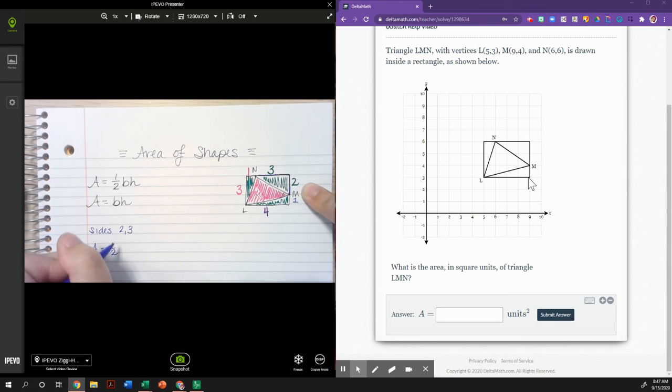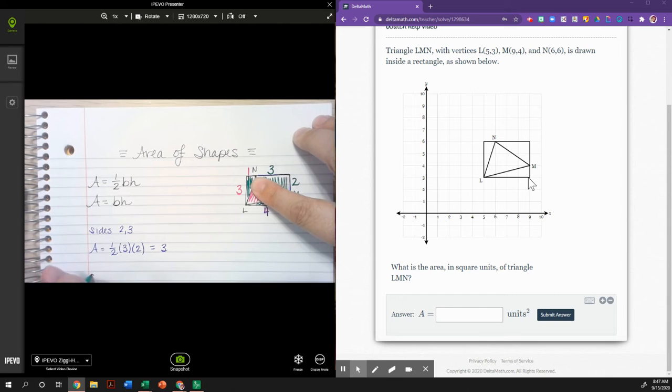All right, so the base we're saying is 3, okay? And then our height we're saying is 2. All right, so 1/2 of 3 times 2, well, 3 times 2 is 6, and half of 6 is 3, okay? All right, so now let's look here at this one, that our sides are 1 and 3.